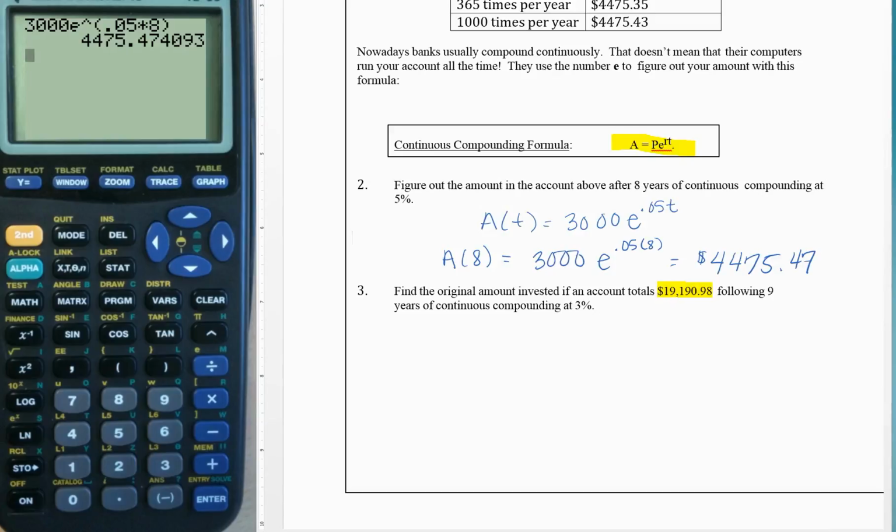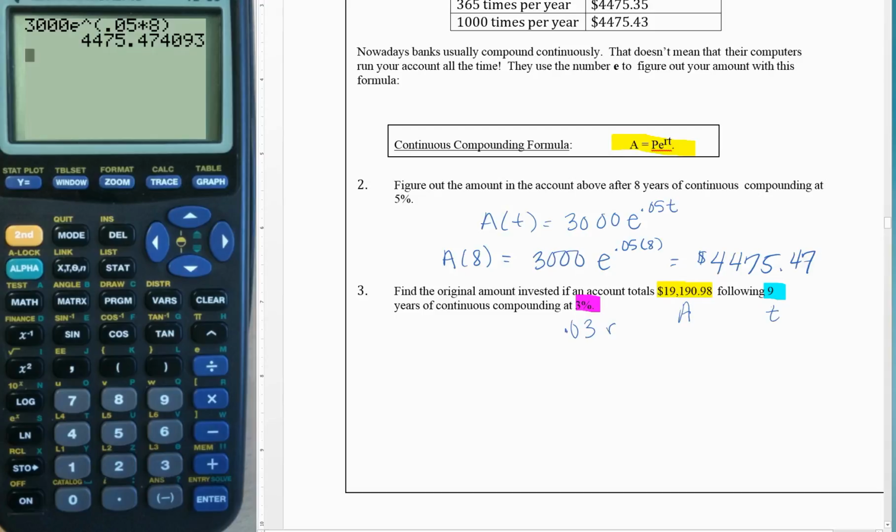Well, that right there would be the amount. The 9 here is how many years. That's going to be our t. And the 3%, as we change that to a decimal, which would be 0.03, will be our r.